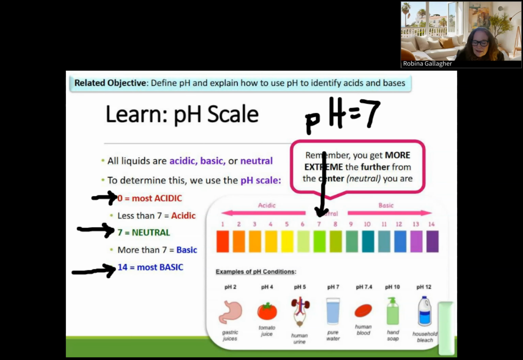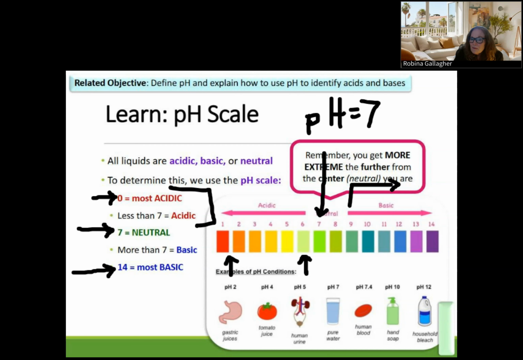Anything less than 7 is acidic. Anything greater than 7 is basic. So if you have a pH of 6, it's only slightly acidic. If you have a pH down here of 1 or 2, it's highly acidic.